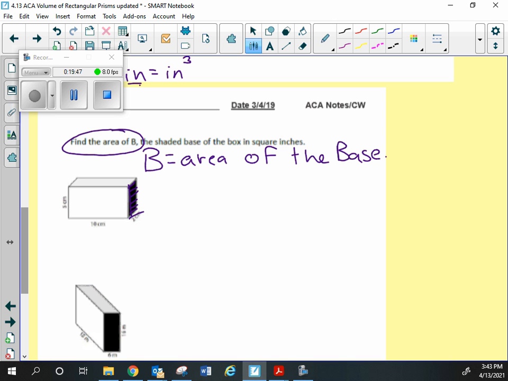To find the area, what shape is that on the side? A rectangle. And how do we find the area of a rectangle? A equals B H. What are the dimensions of that rectangle? 2 by 5. That would equal 10 centimeters squared.